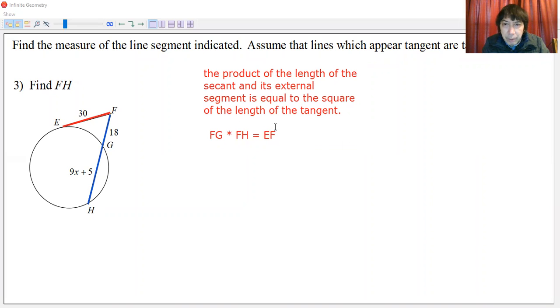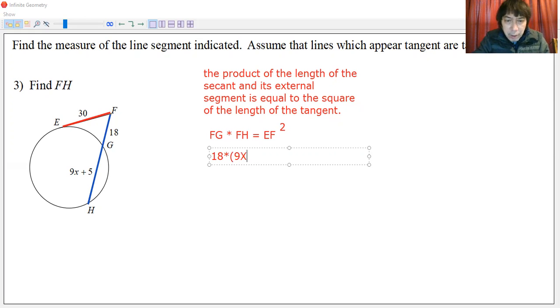Using the expressions given, we have FG at a value 18. And then this is to be multiplied by FH. So what is the length of FH?